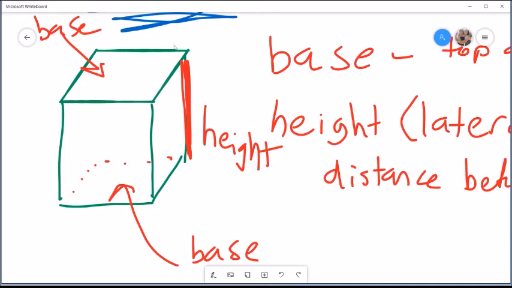If we take the perimeter, which is the entire distance around, so it's the lengths of all these rectangles, and we multiply it by the height, we're going to get the area for all 4 of these shapes. All we need to do is take this perimeter that's around the outside and multiply it by this height, and we're going to get the area that wraps around all 4 of these sides.